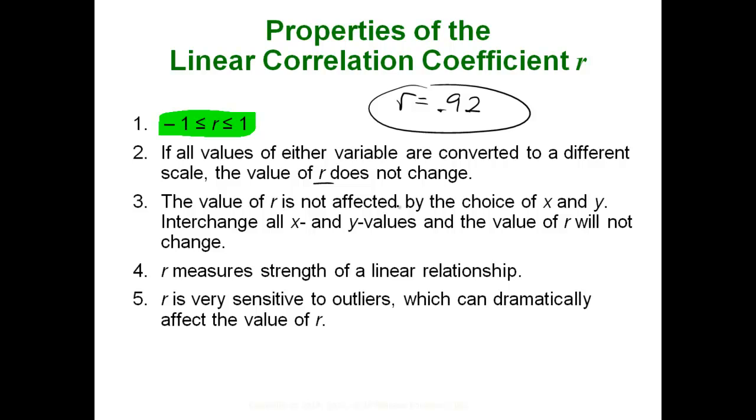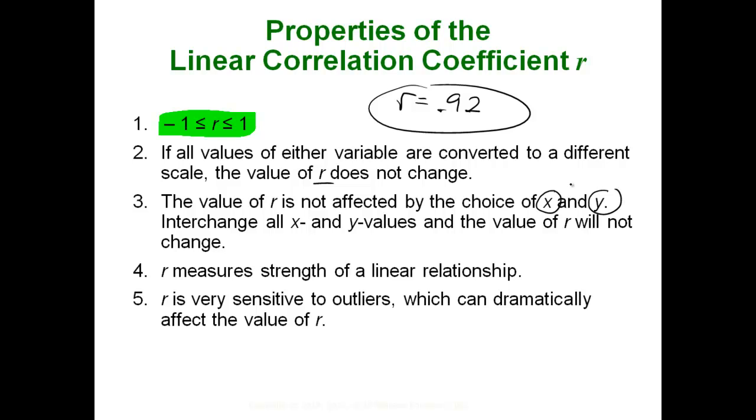Also, the value of r is not affected by the choice of x and y, which means when we're doing these types of analyses, we're always letting one measurement be the x measurement and one measurement be the y measurement. And we normally choose those in the more logical sense where x is your input and y is your output.